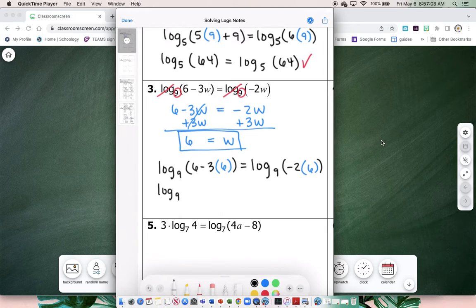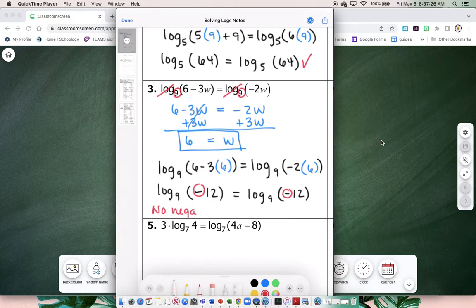So this would give me log base 9 of 6 minus 18, which gives me a negative 12, which is equal to log base 9 of negative 2 times 6, which is negative 12. Even though both the left side and the right side are the same, you cannot have negative logs. Let me write that.